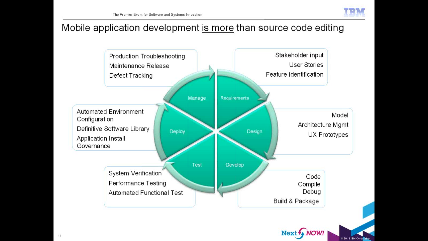But what we missed in terms of mobile application development is that it's not just opening up an IDE and writing Java code for Android or Objective-C code for iOS. Traditionally, we need to make sure that we have a methodology or a process and a complete software engineering lifecycle or application lifecycle management platform to develop and deliver these mobile applications faster.